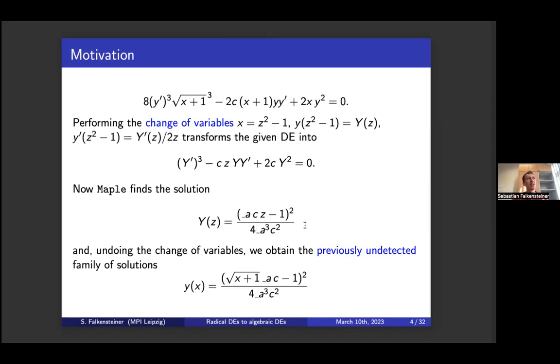In principle, it could be the case that there are some singular solutions missing, and you can take a closer look at the differential equation to see if there are some singular solutions. I guess there is no singular solution except the constant 0, but it could be another constant solution or something like this.